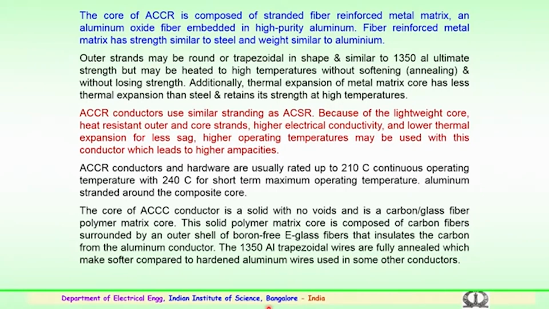Very important, particularly for the core. The 1350 aluminum trapezoidal wires are fully annealed, which makes them softer compared to the hardened aluminum wires used in some other conductors like ACSR or other types of conductors.